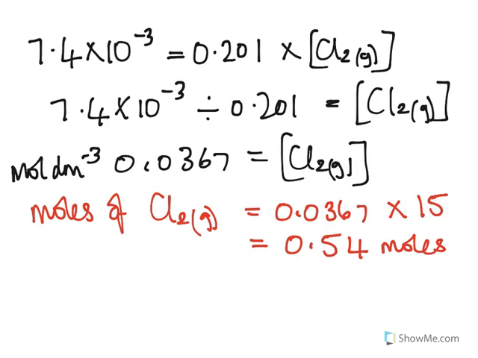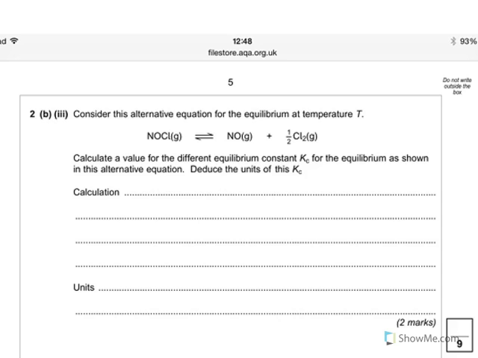Okay, so here's the last part of that question, where they've just balanced the equation differently. Instead of using the 2 moles and 1 mole, they've used 1 mole and half a mole. And what they're asking you to do is calculate Kc here, and then deduce the units. Again, this is something that comes up quite often.